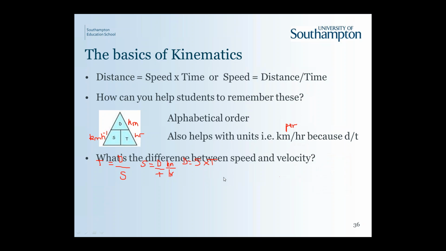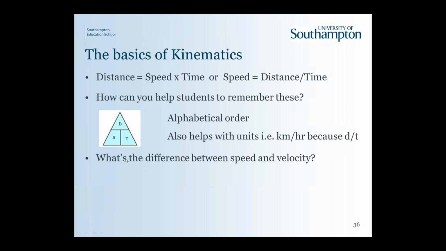What's the difference between speed and velocity? Does anyone know? Yeah, Matt? Velocity is two things, it's direction and magnitude, whereas speed is simply magnitude, so velocity is a vector rather than speed.